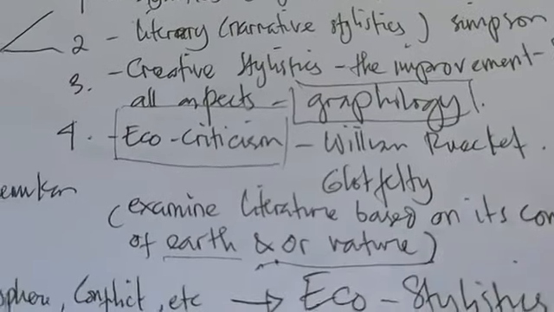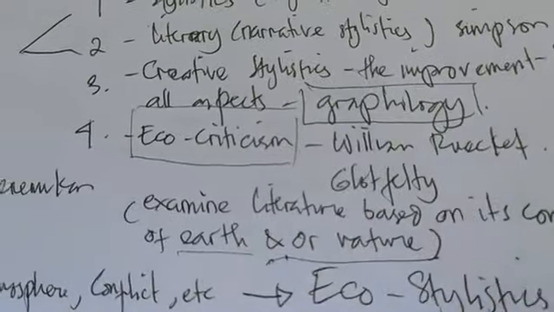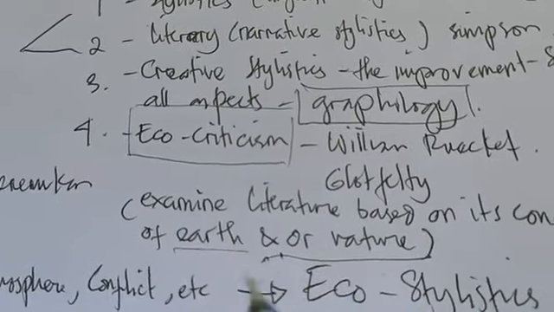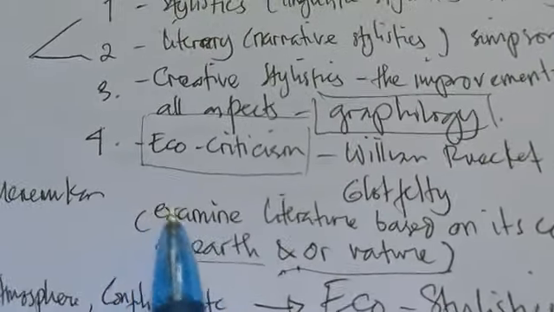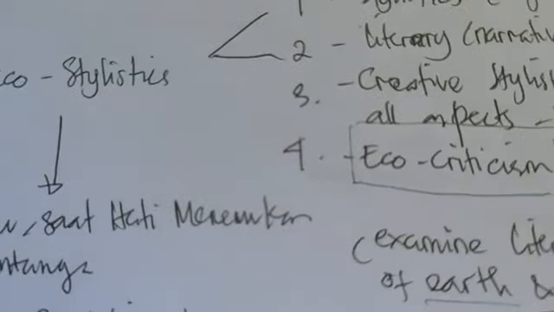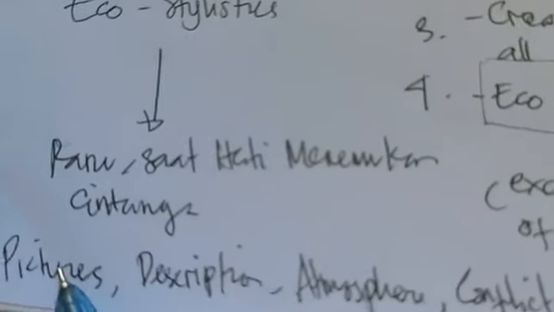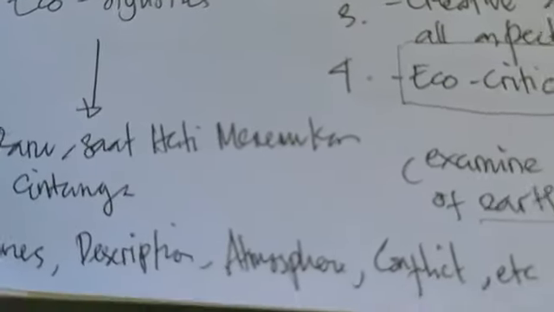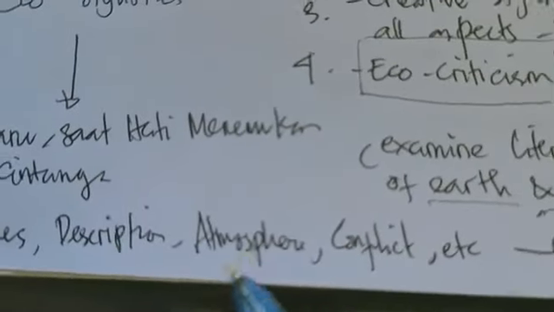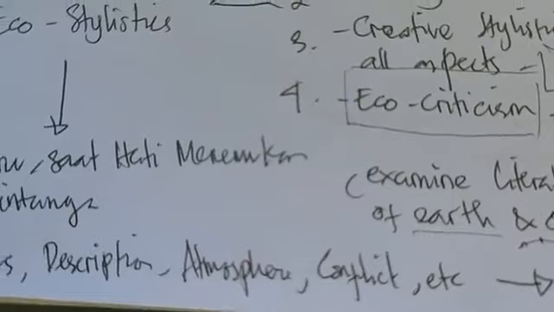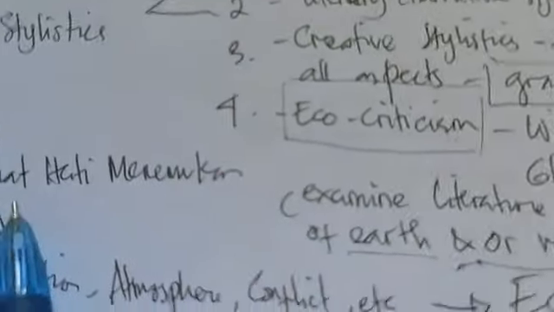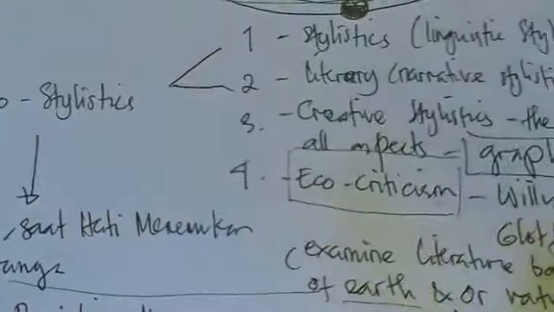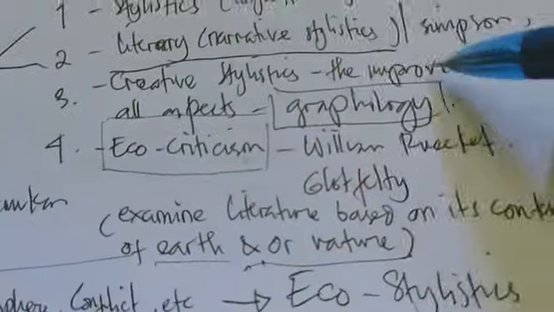If a literary work provides content about earth and nature, it could be analyzed using eco-criticism. After reading Ranu, I found many things, like pictures, description, the tone, and the language used by the author that provides atmosphere and mood for the readers, and also the conflict and many other aspects. These aspects are analyzed using the narrative stylistics of Simpson.